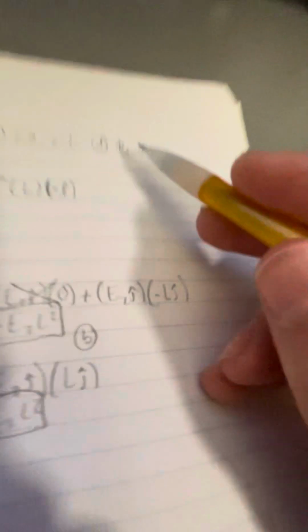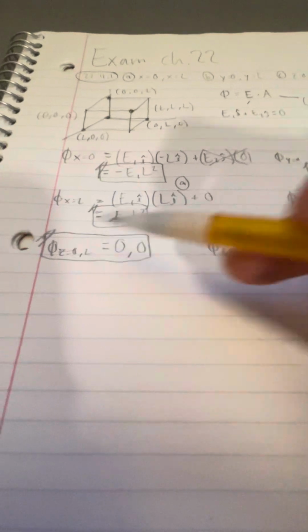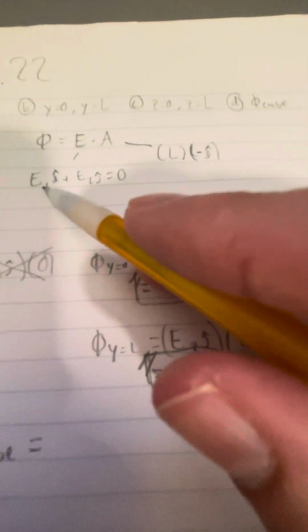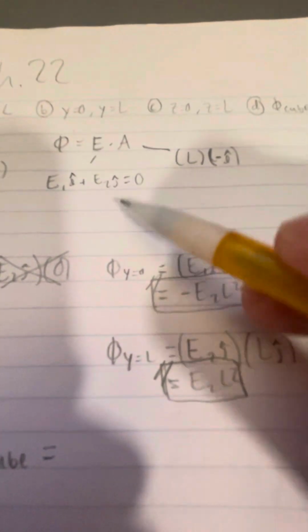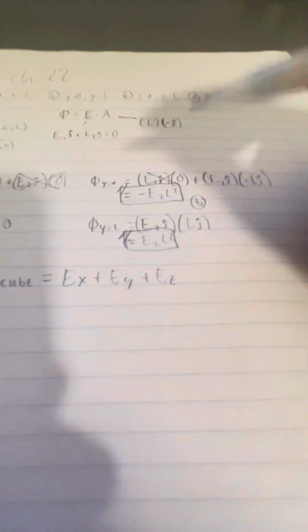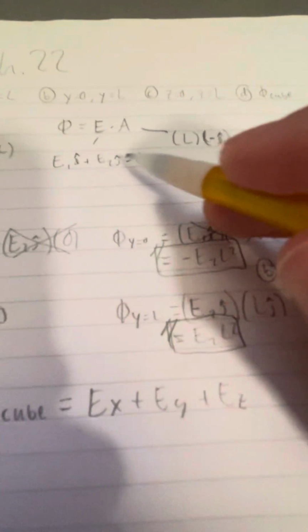Okay, and so for part D, it wants us to find the electric flux of the entire cube. Since we now know that the electric flux for z equals 0 and z equals L is 0, and we already know the electric field is equal to 0 in that direction, we essentially have Ex, Ey, Ez, and we already know those terms equal 0, and we again found 0 for Ez, so it's 0 plus 0.